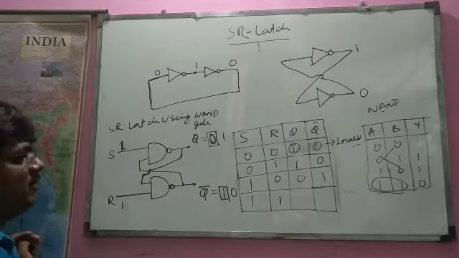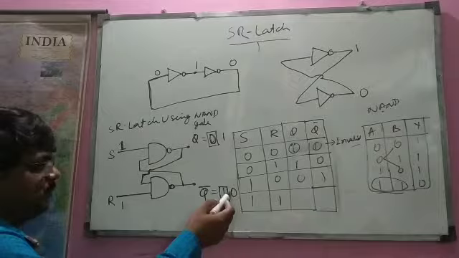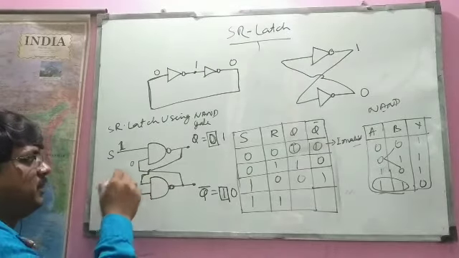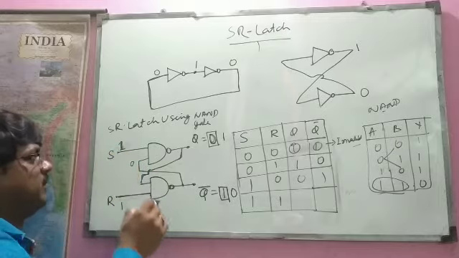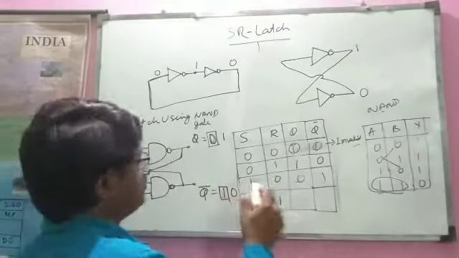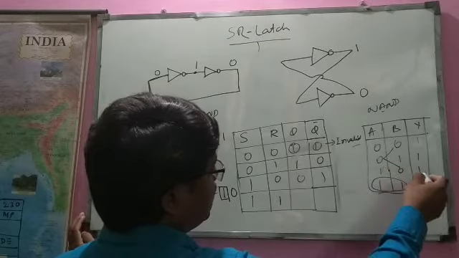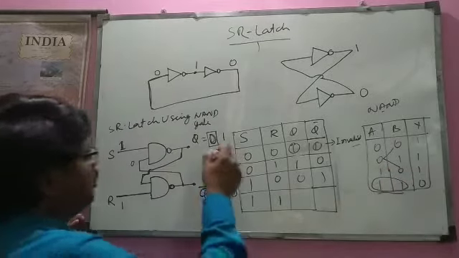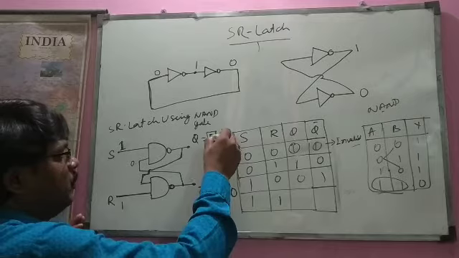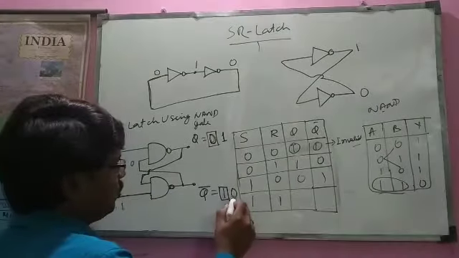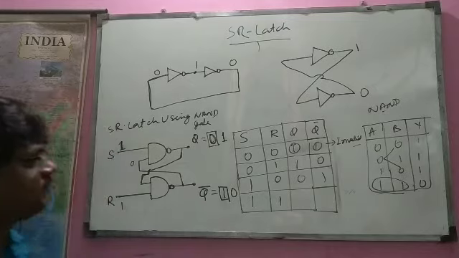So let us suppose this is 0. Since this is 0, 0 will come here, and this is 0 and this is 1. If 0 and 1, or 1 and 0, is the input, the output will be 1. So it is going to be 1. And if this is 1 and this is also 1, the output is going to be 0. See the beauty.